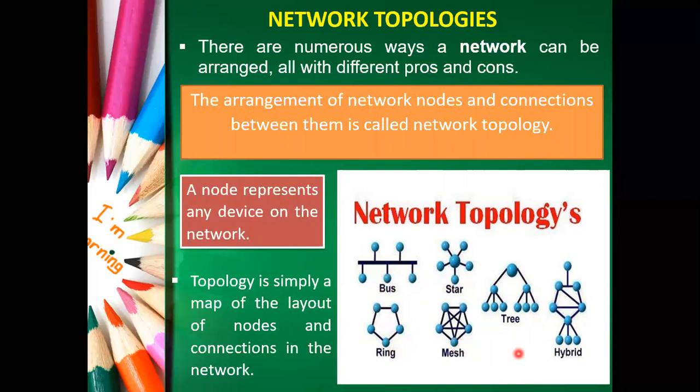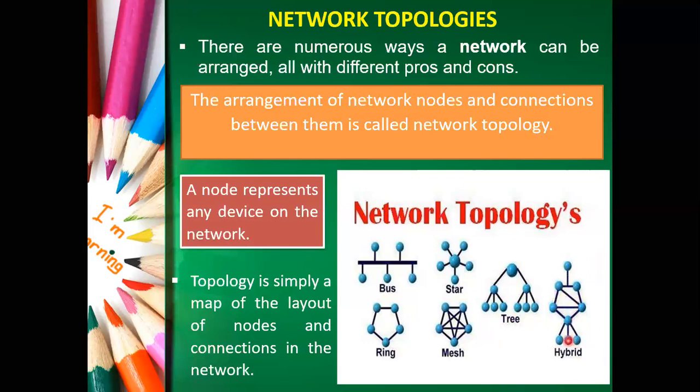Then a hybrid approach can be adopted, कि जब हम एक से ज़्यादा topologies, एक से ज़्यादा जो designs हैं, जो arrangements हैं, उनको combine कर लेते हैं, then this type of topology will be termed as hybrid topology. जैसे कि इसके अंदर आपको बस का लेआउट भी नजर आ रहा है, रिंग का भी नजर आ रहा है, और ये जो मैश है, मैश में क्या होता है कि हर कंप्यूटर को दूसरे कंप्यूटर के साथ कनेक्ट होना होता है.